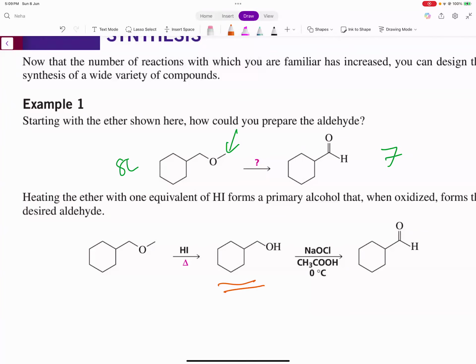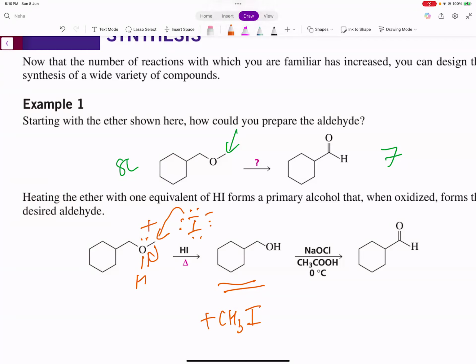Protonation will occur in the first step, right? And then I minus, pure SN2, will attack. So what will happen? It will attack on this carbon atom, because it is less sterically hindered. And this opens up like this. So I get an alcohol plus CH3I, right? And then finally, it is a primary alcohol.